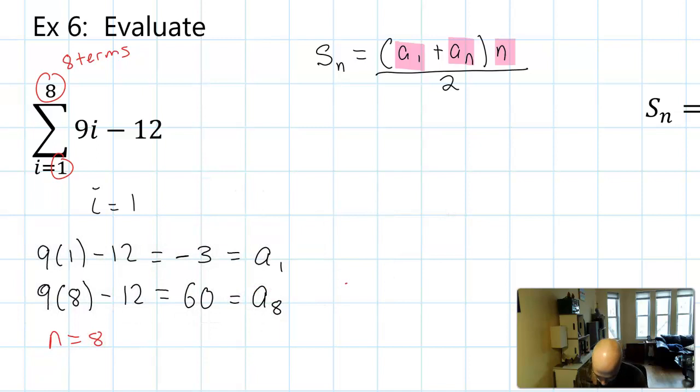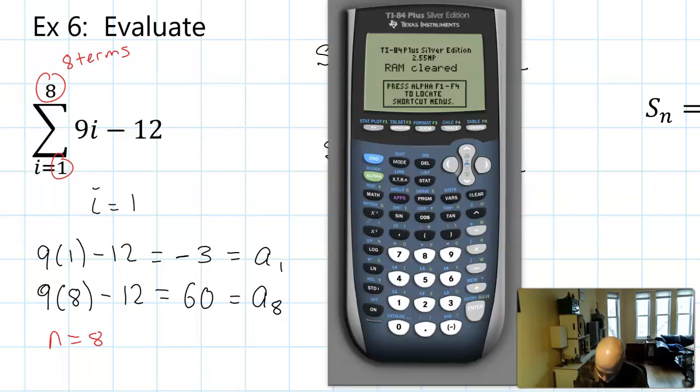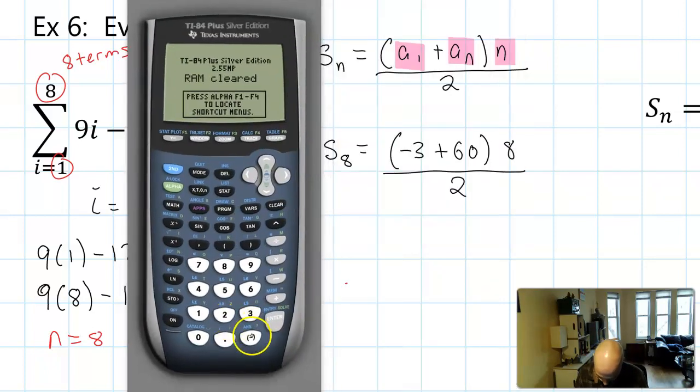So to find this sum, the sum of the first 8 terms, we do negative 3 plus 60 times 8 and divide that by 2. I did get my calculator working. That's 57 times 8.